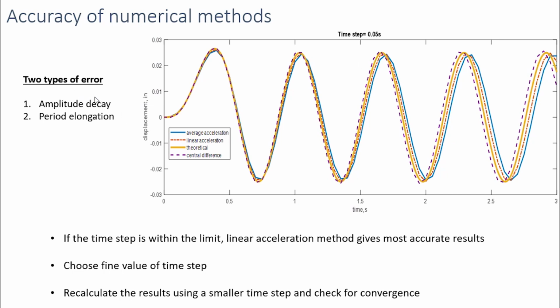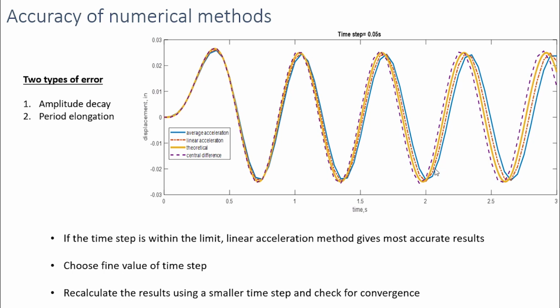That is one type of error, and the location of the peaks will also be different from those of the theoretical response. When the location of the peaks changes, that can lead to period elongation. So the period of the numerical response will be slightly longer than that of the theoretical response.